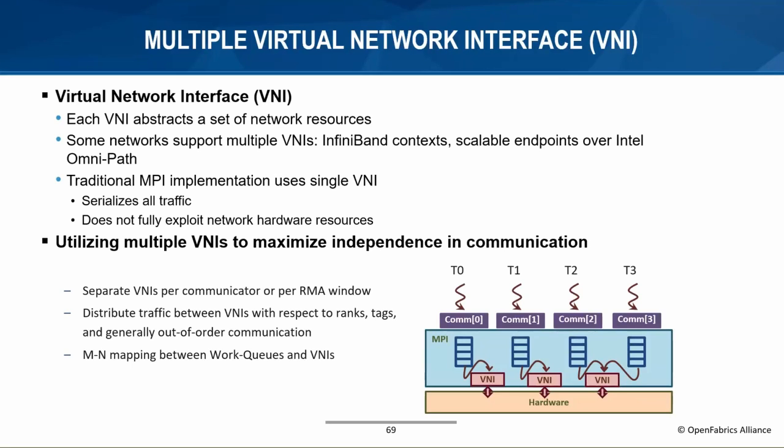What the user needs to do in this case is expose the thread parallelism to the library. One common case is having different threads use different communicators, and inside MPICH we can map different communicators to different VNIs so that their traffic gets separated.